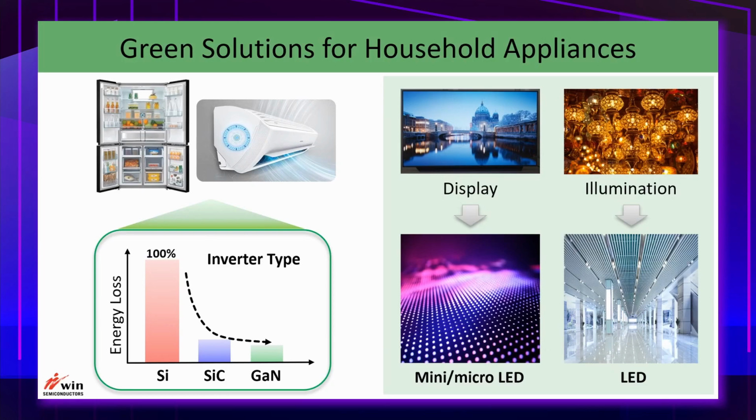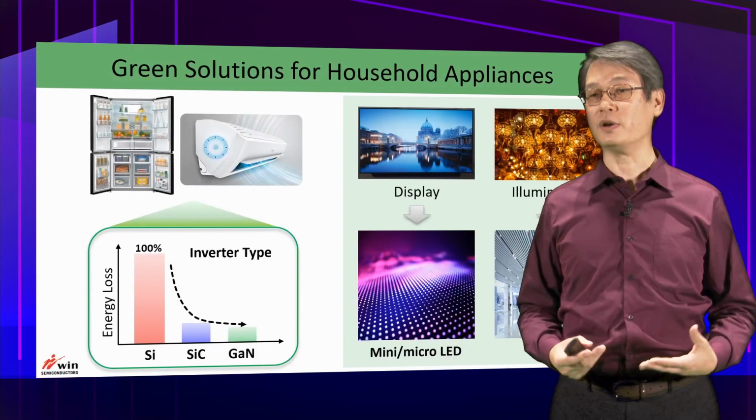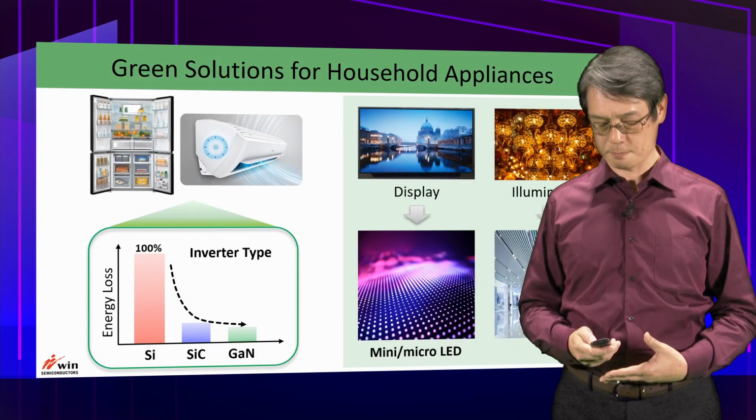LED is able to reduce electricity consumption if used as the backlight for TV and to replace conventional incandescent lamps. Together with electrical vehicle and data center applications, using compound semiconductor devices is able to save tens of nuclear power plants worldwide. This is an incredible amount of energy being saved.